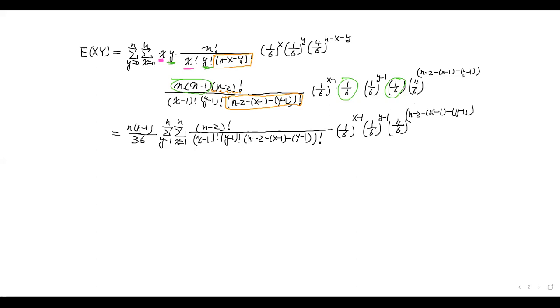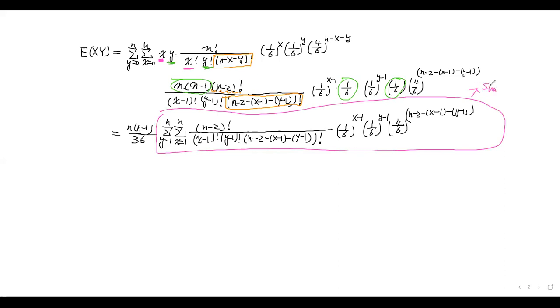Okay, so now we know all this sums up to one. So now I know my E[XY] will just be n(n minus 1)/36.